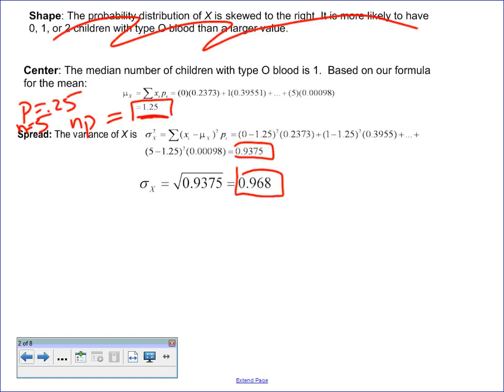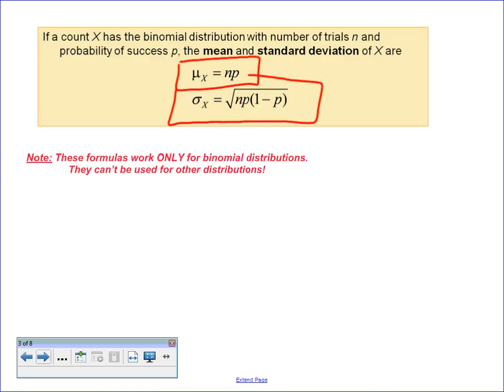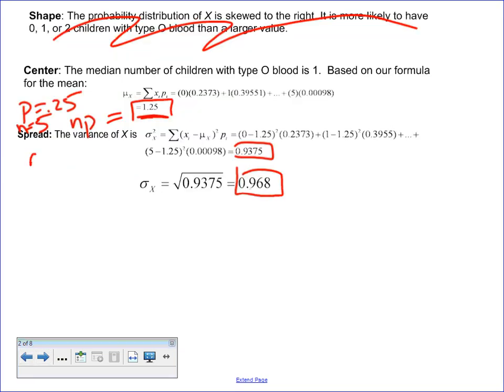If you look at this as the square root, so the standard deviation, the variance is just going to be n times p times 1 minus p. So that's n times 0.25 times 0.75.